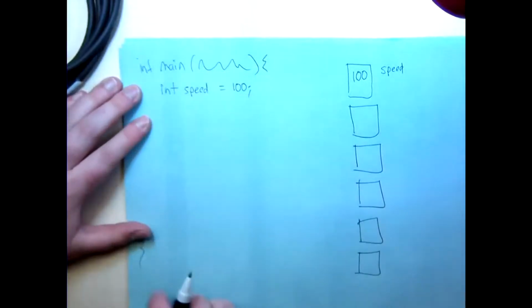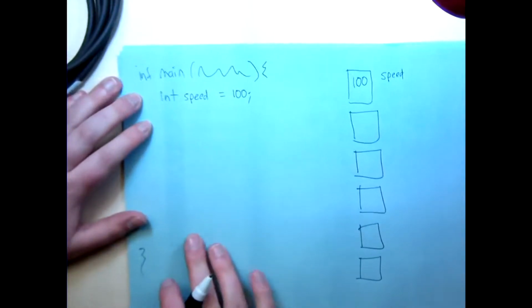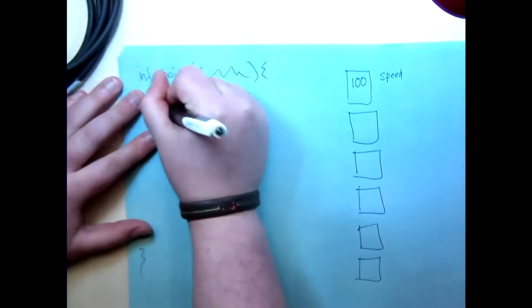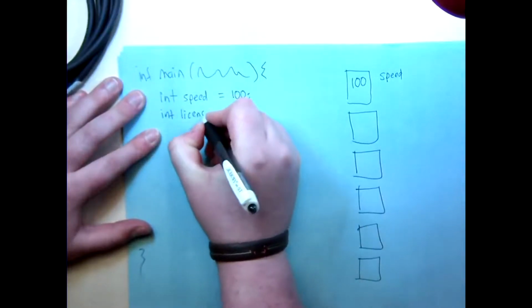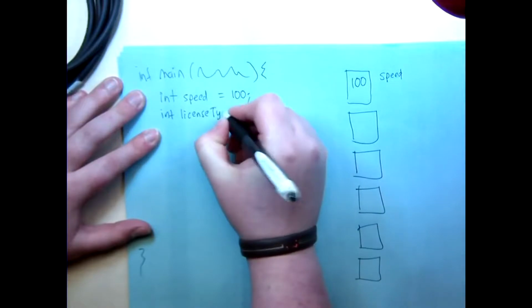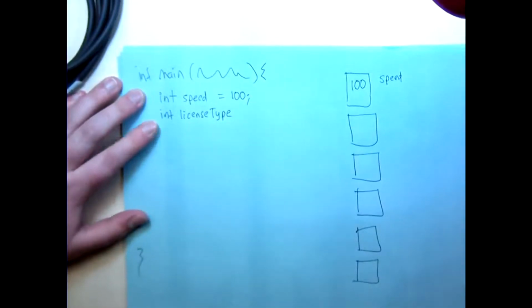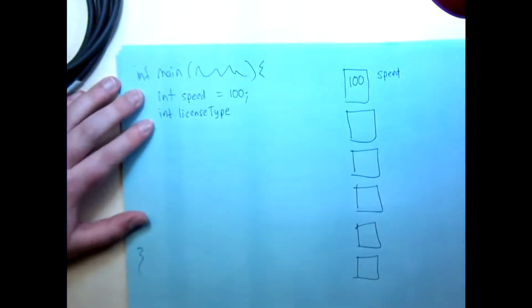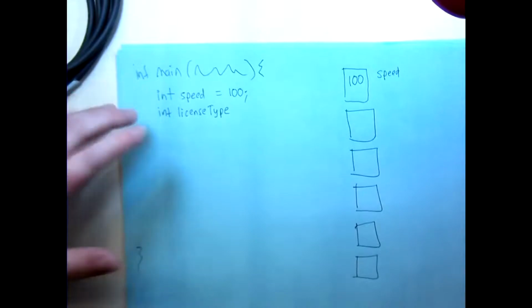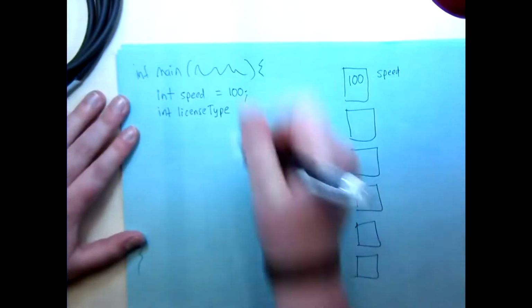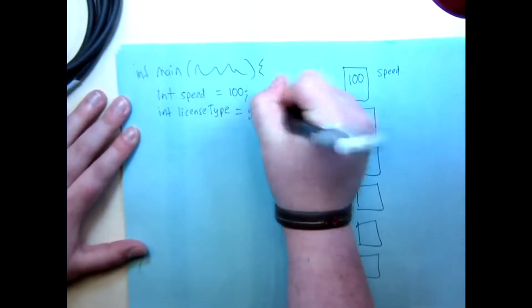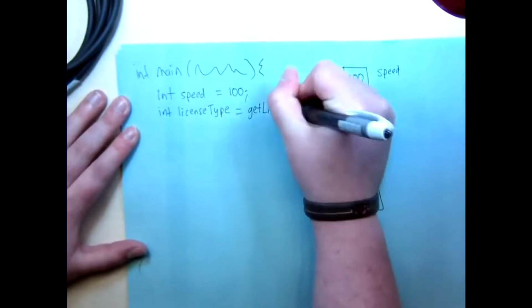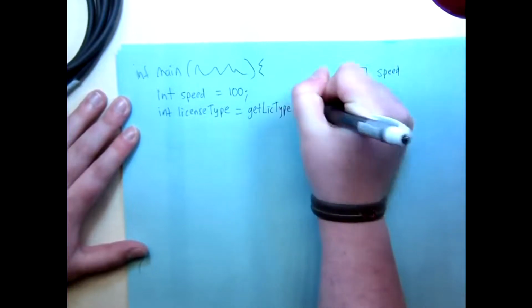And so then when I make another variable, maybe I'll say like int license type. And so if you remember from the license program we had, you could get a different type of driver's license. And so I might say license type equals the get license type function we wrote.